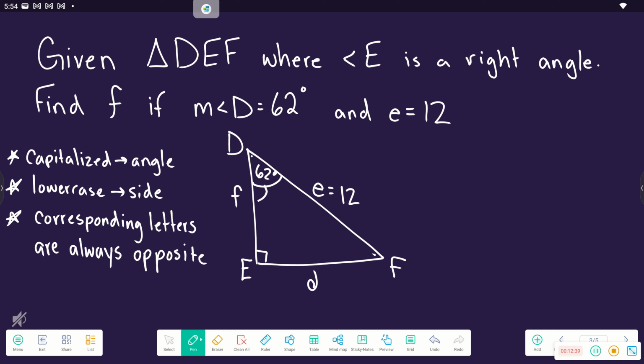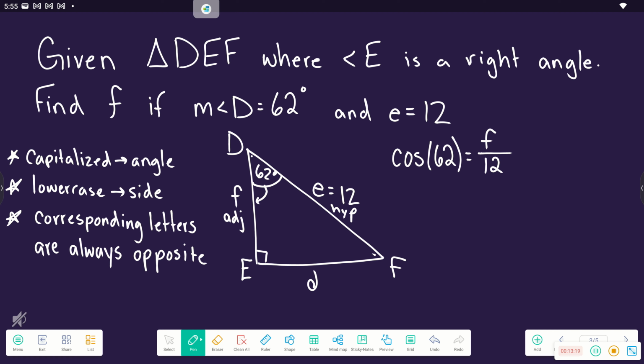I have my adjacent, so F is my adjacent, and E, it's opposite of my right angle, is my hypotenuse. Again, my trig function that uses adjacent and hypotenuse, think co is cosine. So I know I'm doing cosine of 62 is my adjacent, which we don't know yet, F, over my hypotenuse, which is 12.